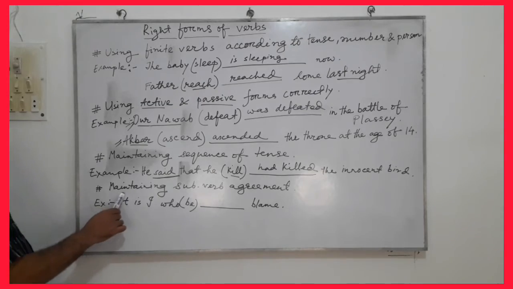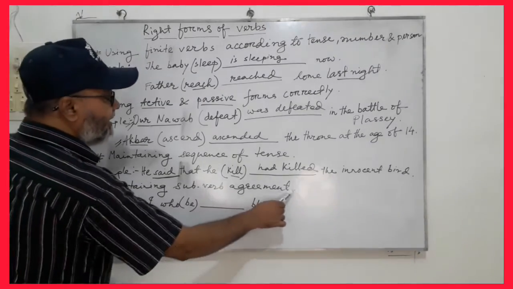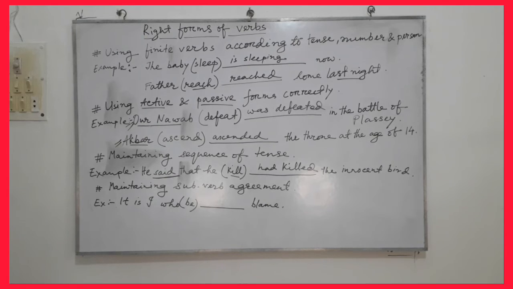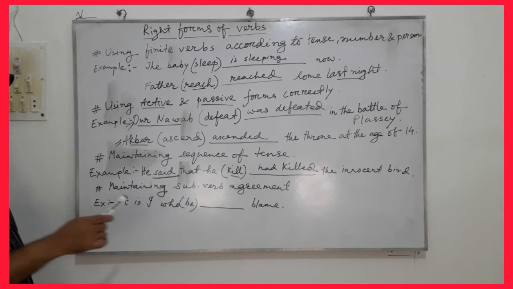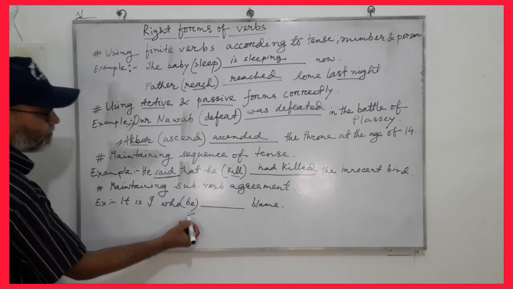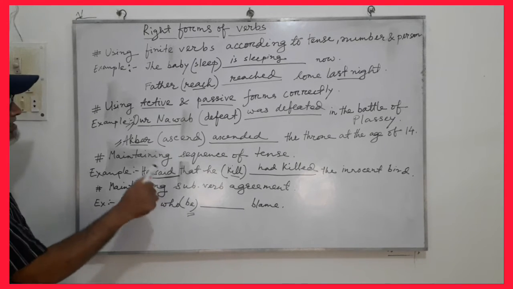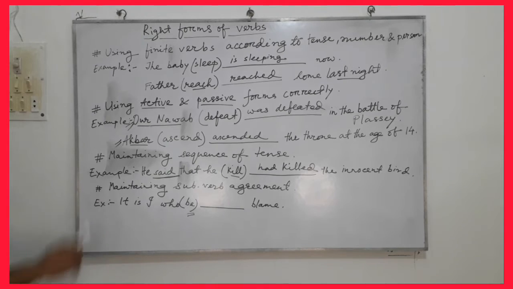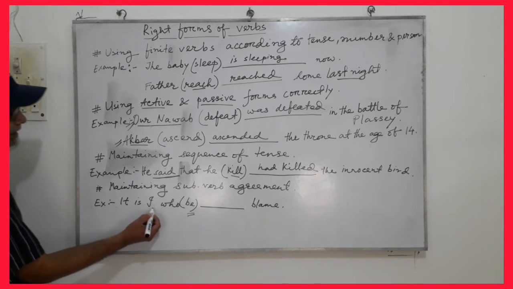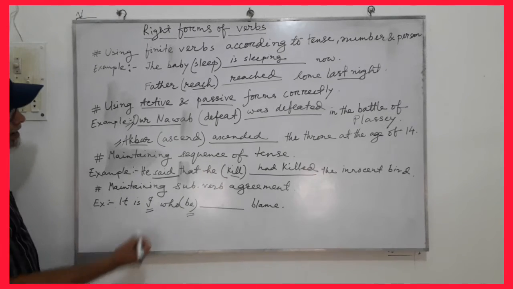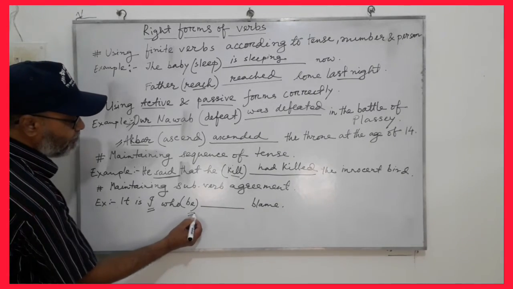Another important thing is maintaining subject-verb agreement. While using a verb, we have to remember that there must be an agreement between subject and verb. In the sentence below, here subject is I and the verb is be, to be.